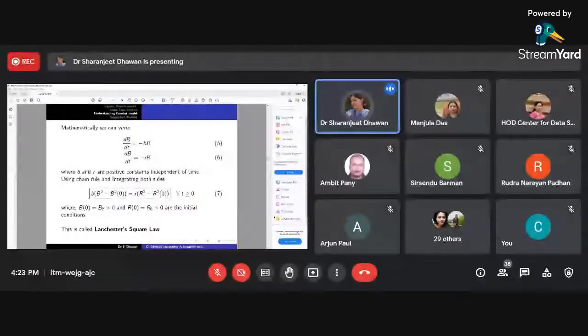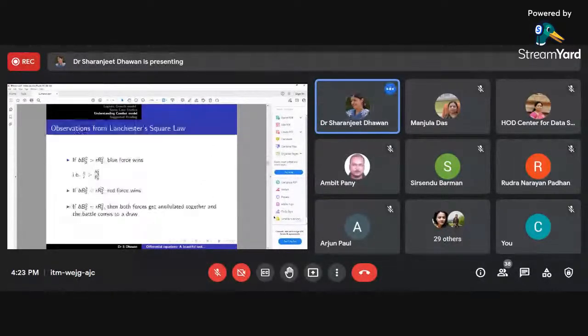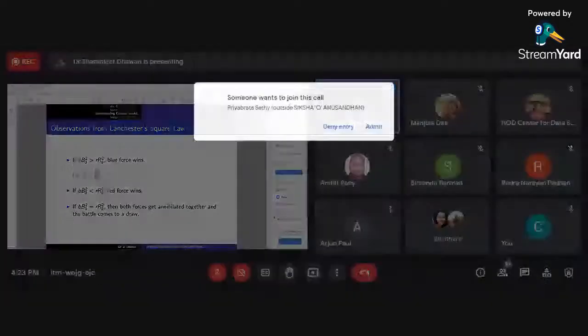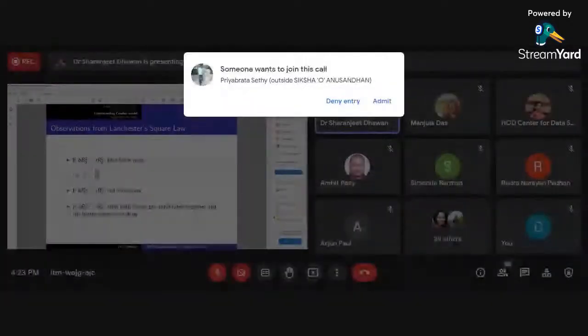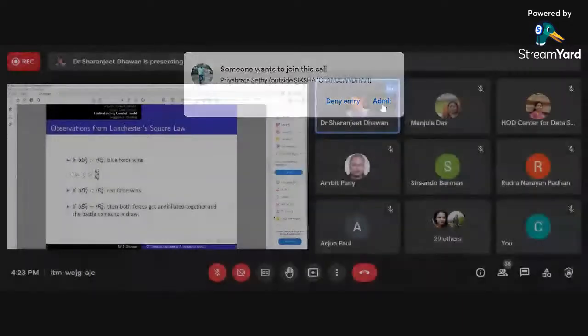So let us see what the observations from Lanchester's square law are. We want to see under what circumstances the blue force will win or the red force will win. Again we solve it and come to the conclusion that for the blue force to win, the relative effectiveness ratio of the two forces must exceed the square of the initial force ratio.